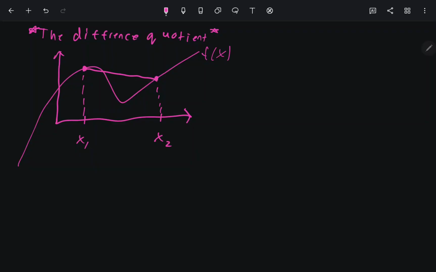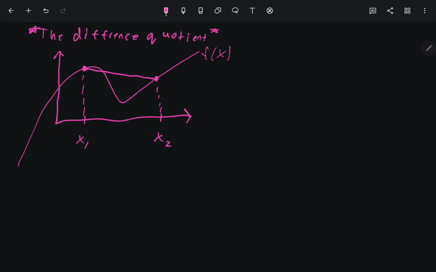That is all the secant line is. And this is what the difference quotient is going to give us, more or less the slope of said secant line. So, what is this difference quotient?